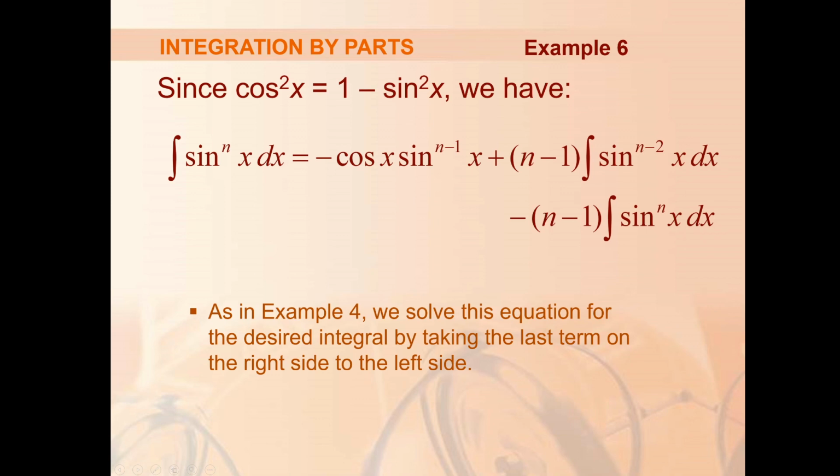Since cosine squared of x is 1 minus sine squared of x, we have the replacement. So negative cosine of x times sine of x to the power n minus 1, plus n minus 1 times the integral of sine of x to the power of n minus 2 dx, and then minus n minus 1 times the integral of sine of x to the power of n dx.